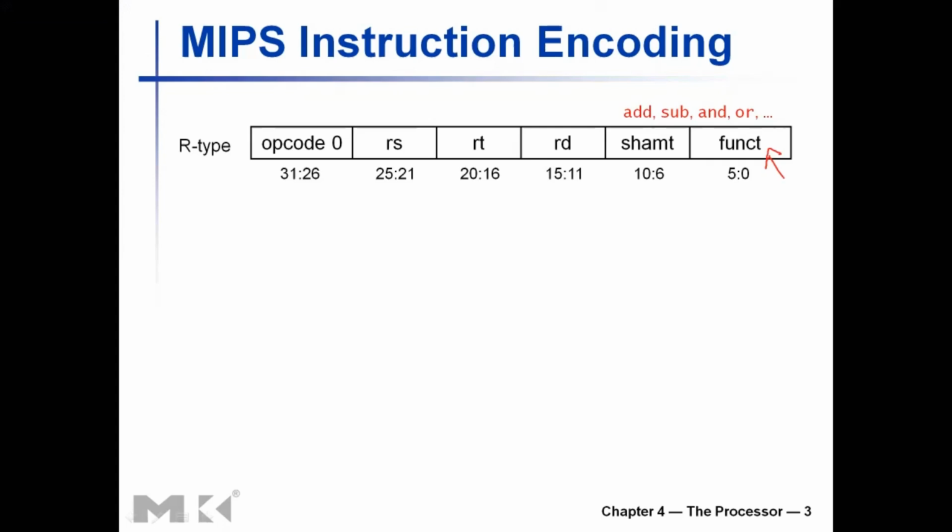And one such function can be shifting the given operand to the left or to the right, arithmetically or logically, if you remember the different types of shifts. So some operations given in this funct field are shift operations. For a shift operation, you need to provide the shift amount as well. How many times are you shifting this particular operand? That is given by this shift amount field. So that is basically the idea of the R-type instructions.